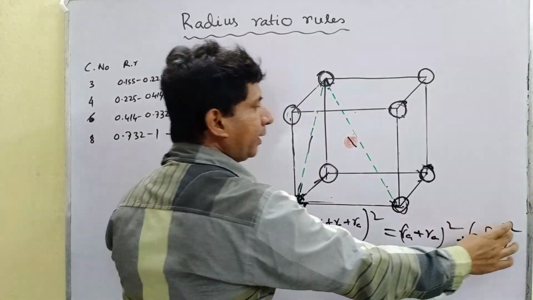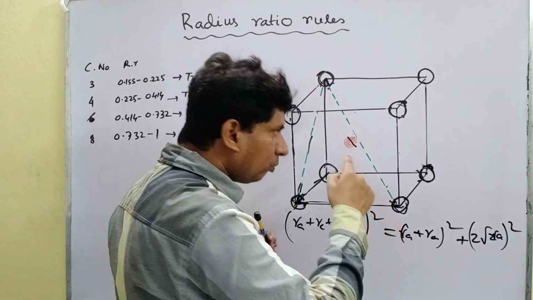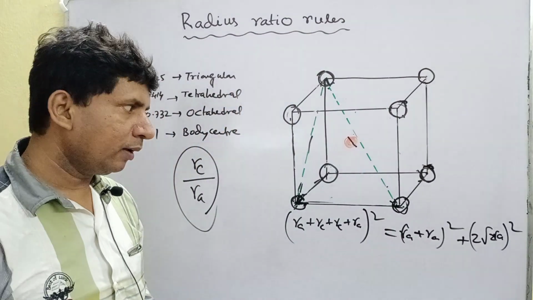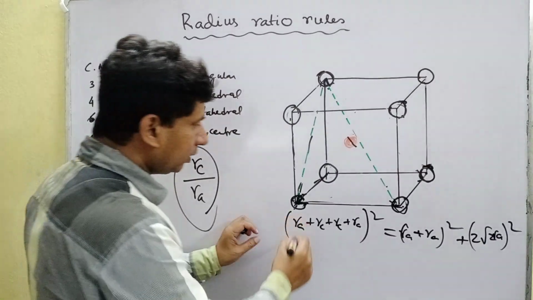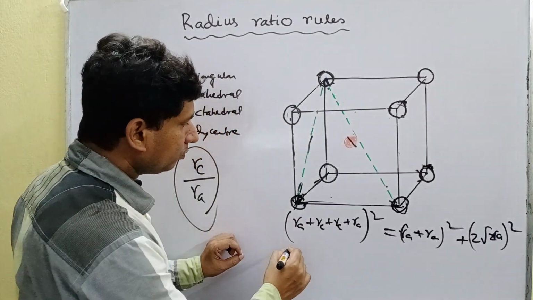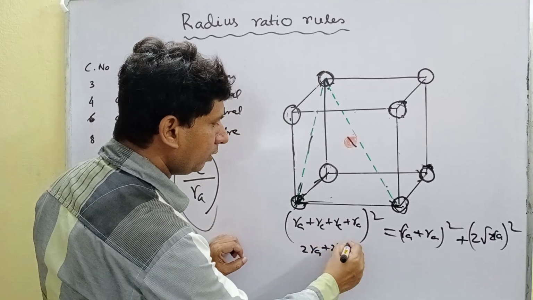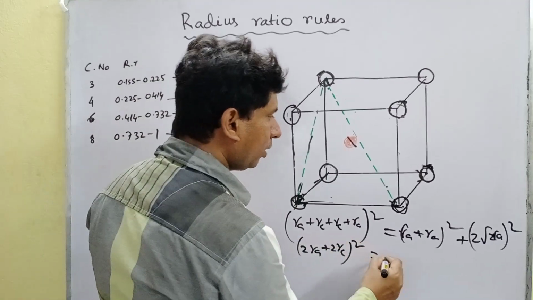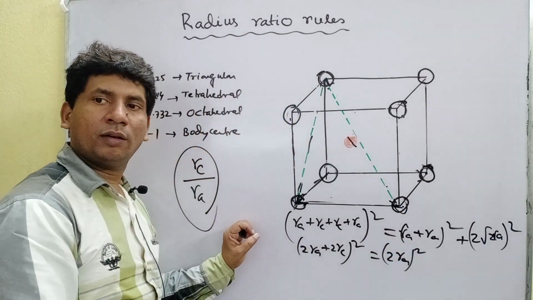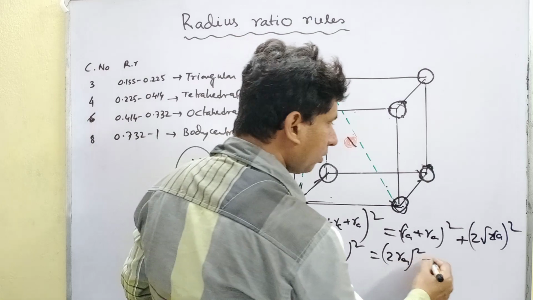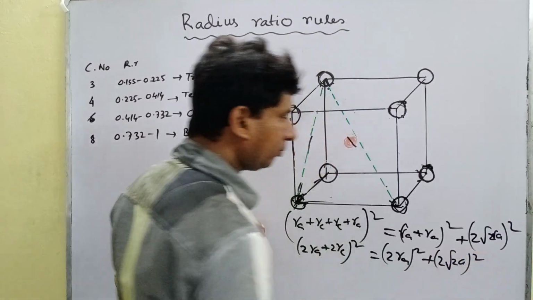So root 2 times 2RA, squared, plus 2RA squared, equal to the body diagonal squared. Then this is actually 2RA plus 2RC, squared, equal to 2RA squared plus 2 root 2 RA squared. Clear?